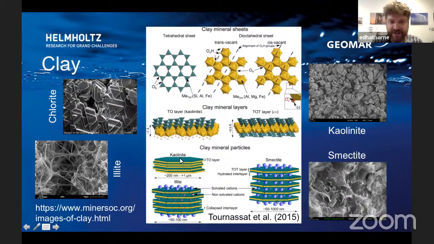This is a kaolinite here, and here you see smectite, which has lots of interlayer water. Chlorite and illite are generally primary clay minerals, mostly produced by physical erosion of rocks, and kaolinite and smectite are secondary minerals, produced by silicate weathering of primary rock minerals.